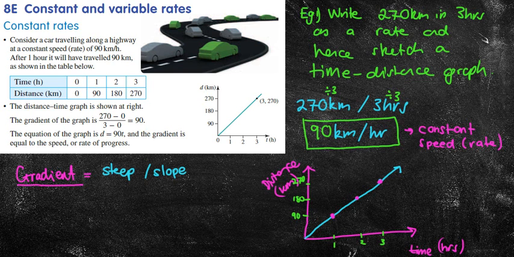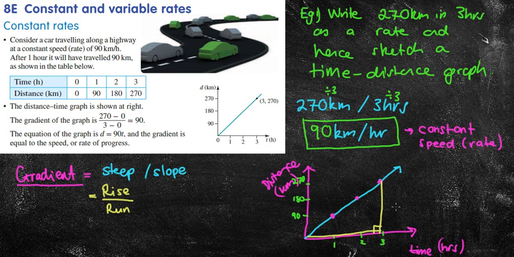Now, last year you may have looked at the formula, and I want you to write this down. To find the gradient, you would find the rise over the run. And that's often if we drew a little triangle into our actual diagram. As you can see there, I've got a little right angled triangle. Now the rise is how far we go up.